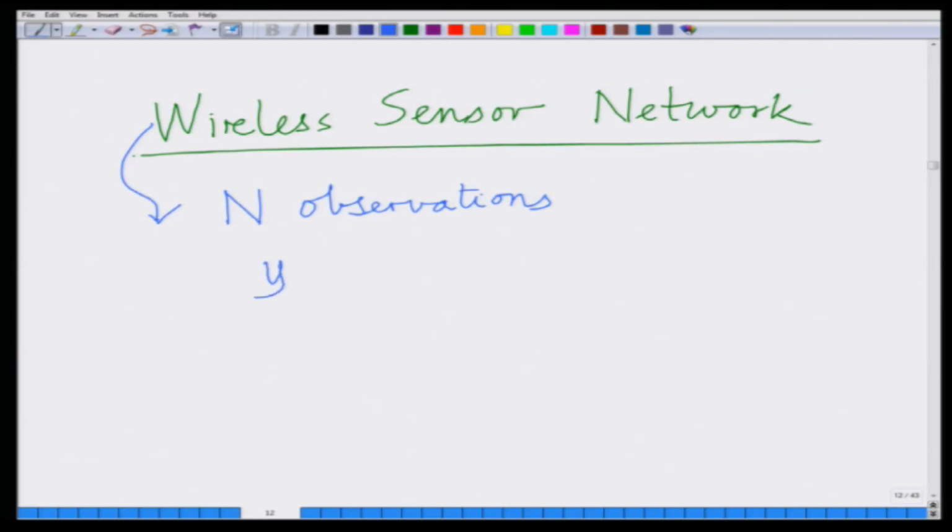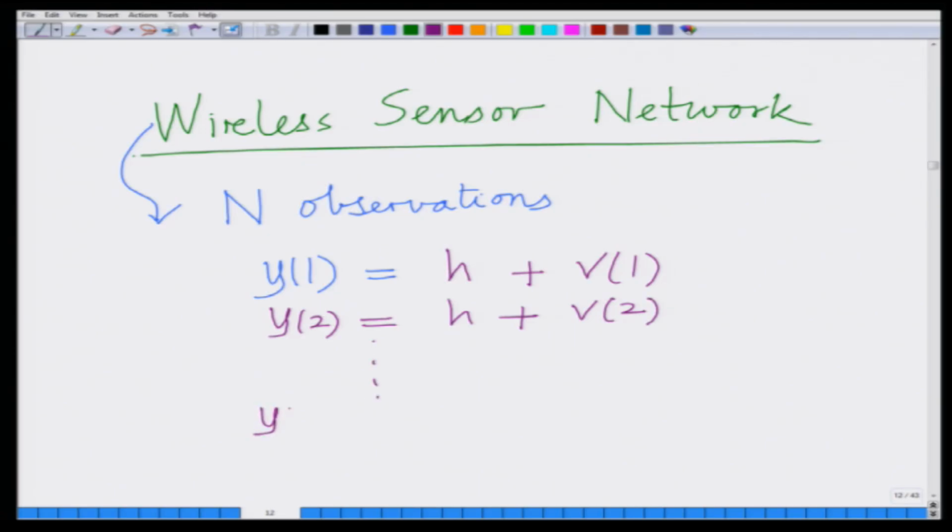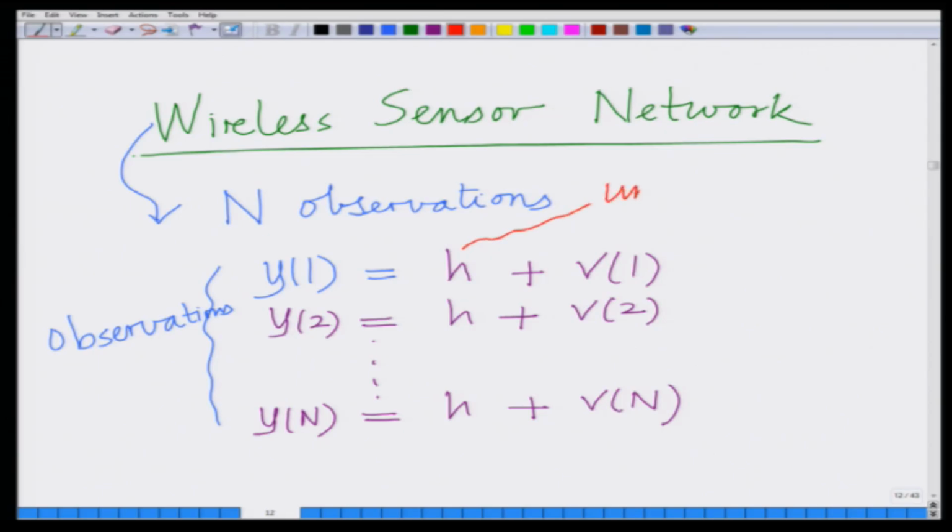The observations are y1 equals h plus v1, y2 equals h plus v2, yn equals h plus vn, where these y1, y2, yn are our observations.